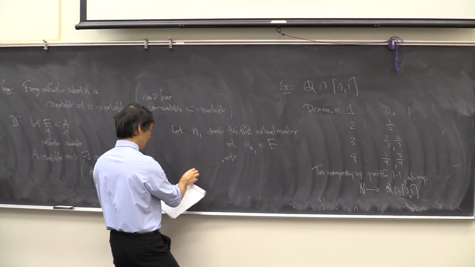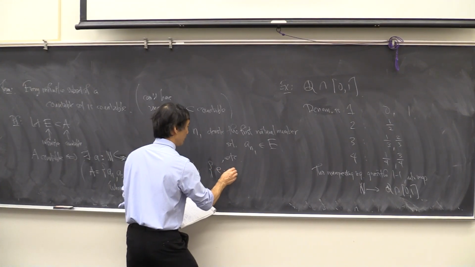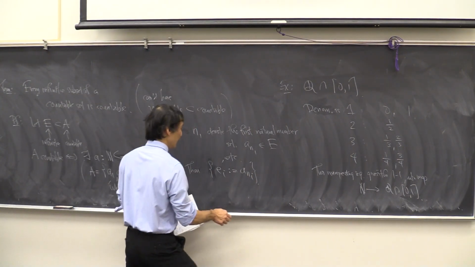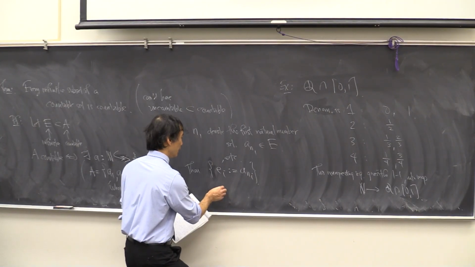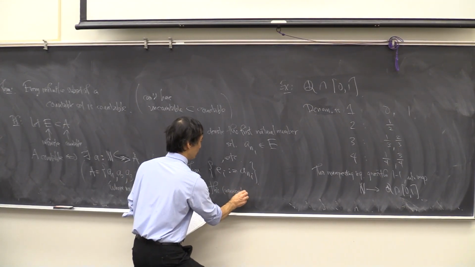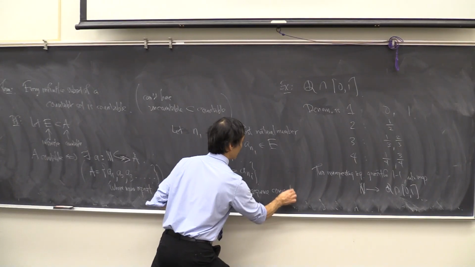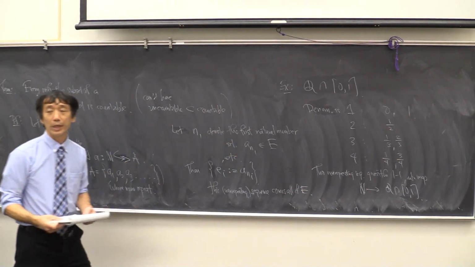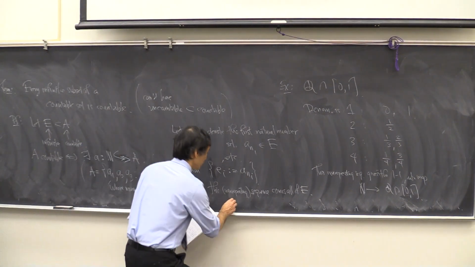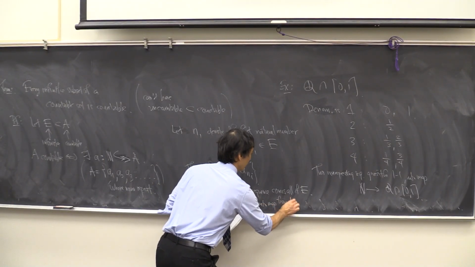Then, if we let e sub i be a sub n sub i, then that will be this non-repeating sequence that covers all of E. This covers all of E. And so you have a one-to-one onto map from N onto E.